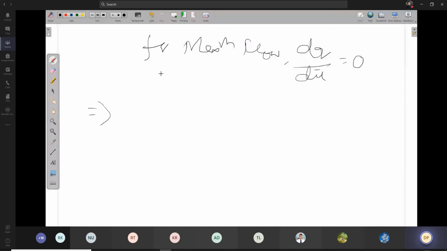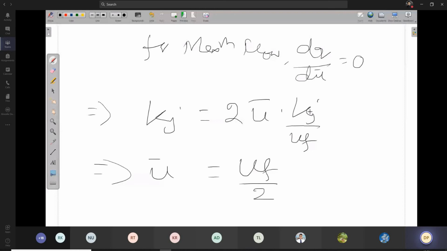This implies that kj is equal to 2 u bar into kj divided by uf. The kj gets cancelled, so I get u bar is equal to uf by 2.